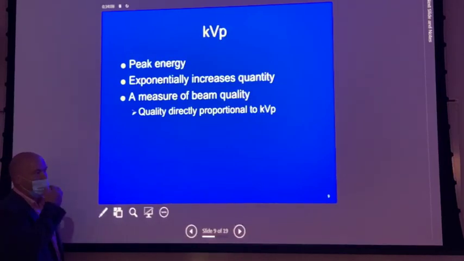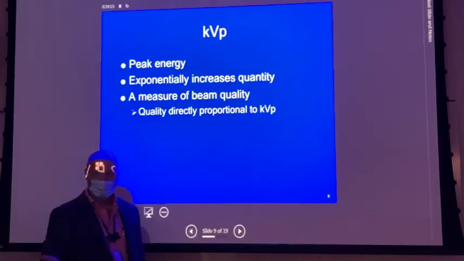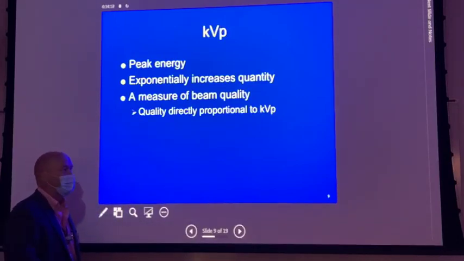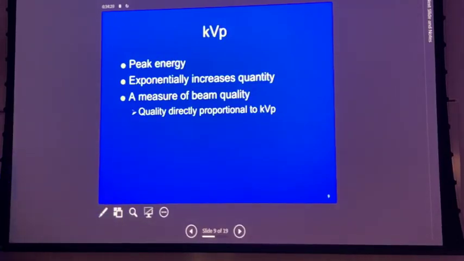The only time that you're going to have the kVp as the peak energy characteristic is if you happen to set 69.5 kVp. So your peak energy generally is representative of Brems creation. As we increase kVp, we increase the quantity exponentially, and again, it's a measure of beam quality. It's what you use to affect beam quality, and it's directly proportional to kVp.